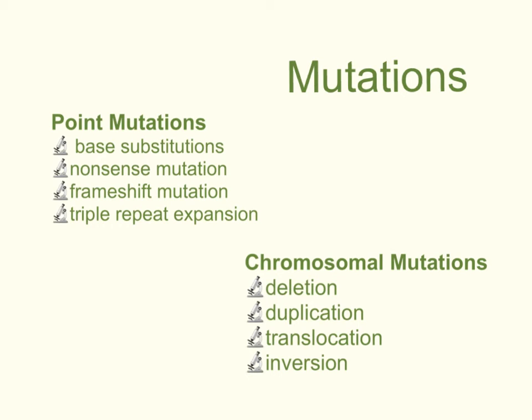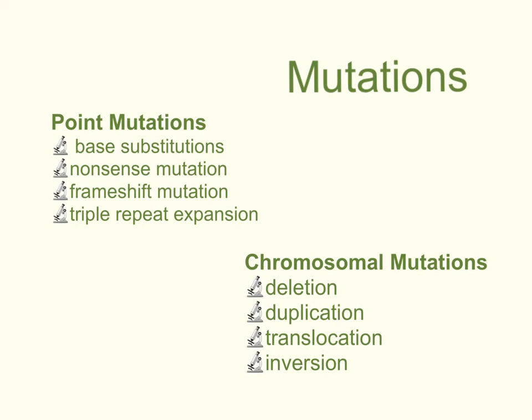The end of Chapter 15 describes the different types of mutations that are seen in the DNA. Under the category of point mutations, you can have base substitutions which affect a single site in the DNA. This includes a silent mutation, meaning the codon still encodes for the same amino acid, or it could be a missense mutation where the codon is changed to encode a different amino acid, such as in sickle cell anemia.